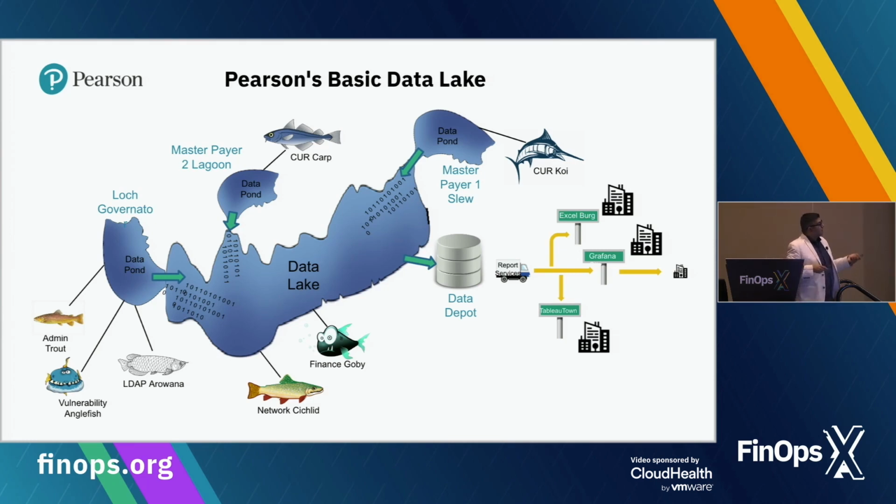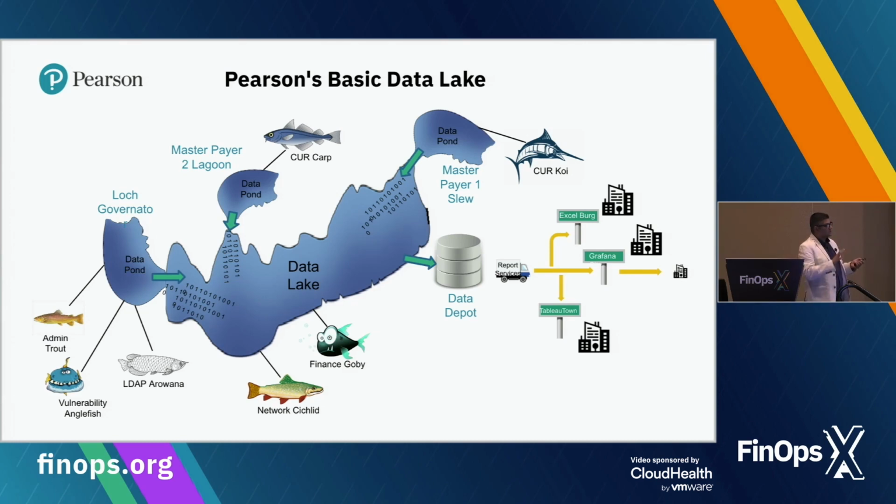And then what we do in Pearson, and this is just the overall picture, is this data depot. From the unstructured data on the data lake, we run some ETL, do some transformation, and polish that data.